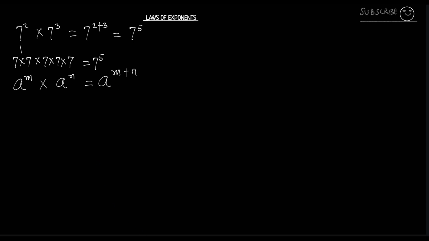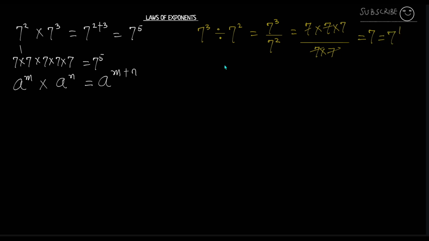Similarly, if there is a division, take for instance, you have 7 raised to the power of 3 divided by 7 raised to the power of 2. Everyone knows this can be written as 7 to the power of 3 over 7 to the power of 2. If you write this in expanded form, we have 7 in 3 places over 7 in 2 places. 7 divided by 7, 7 divided by 7, and we are left with 7, which is synonymous to 7 to the power of 1.